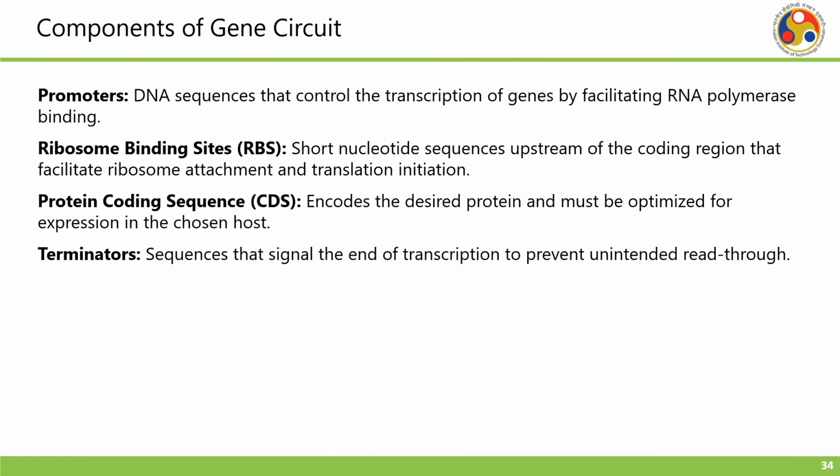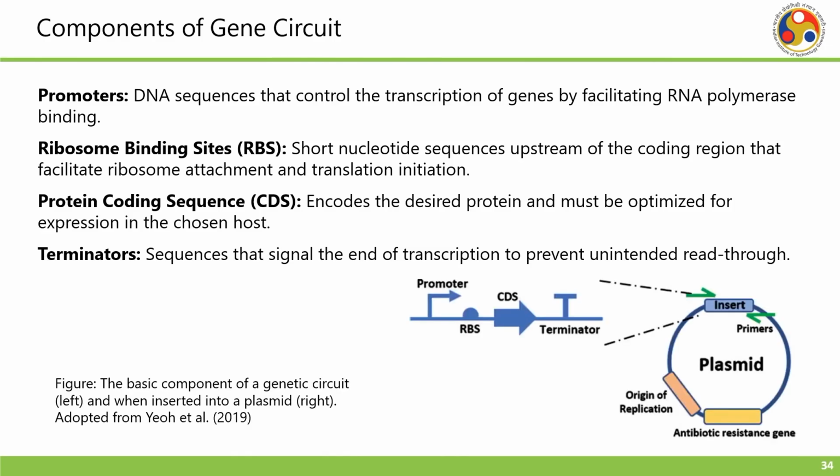Then we have the ribosome binding sites. These are short nucleotide sequences upstream of the coding region that facilitate ribosome attachment and the initiation of translation. Then there is the protein coding sequence or CDS. This encodes the desired protein and must be optimized for expression in the chosen host. Then the terminators, which are the sequences that signal the end of transcription to prevent unintended read through.